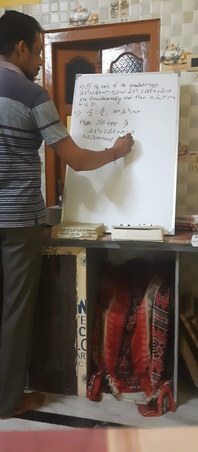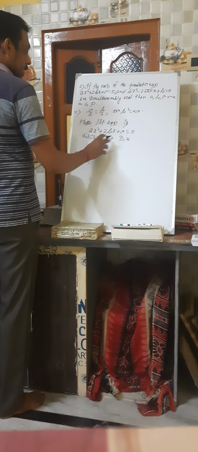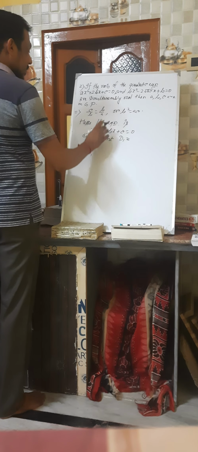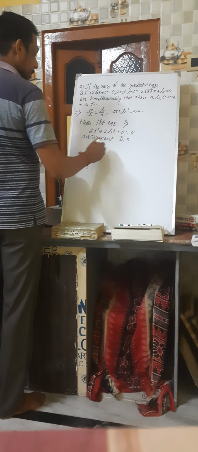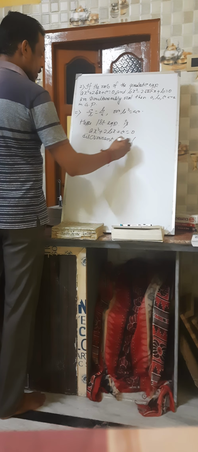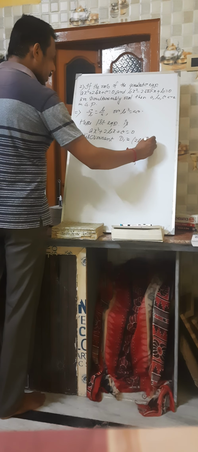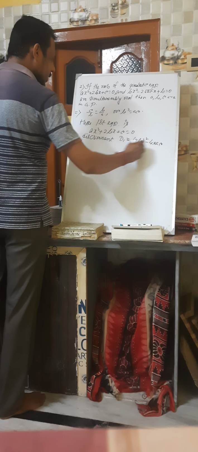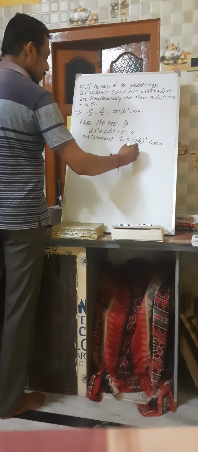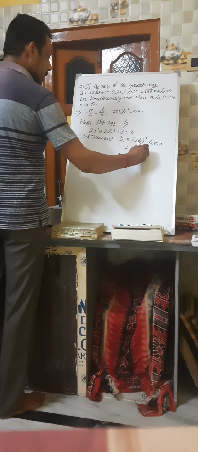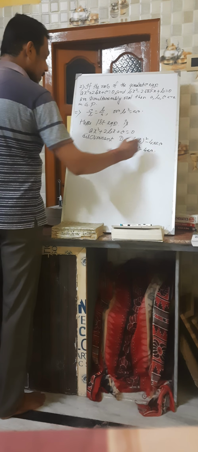So here d1, that means discriminant of the first equation, is b square, that means 2b whole square minus 4ac, 4 into a into c, that means 4b square minus 4ac.